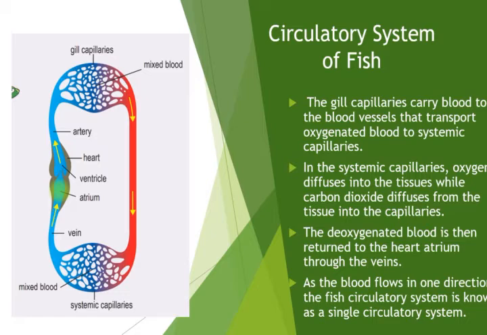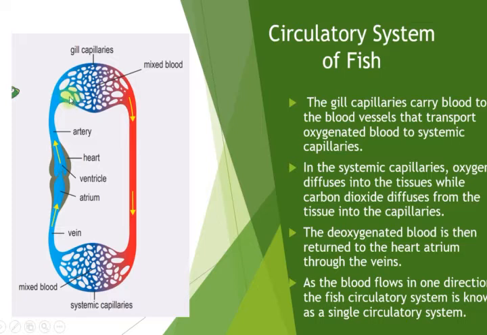In a fish circulatory system, the blood flows in only one direction. Starting from the ventricle, the heart pumps the deoxygenated blood to the gill capillaries, and then the gas exchange occurs here.